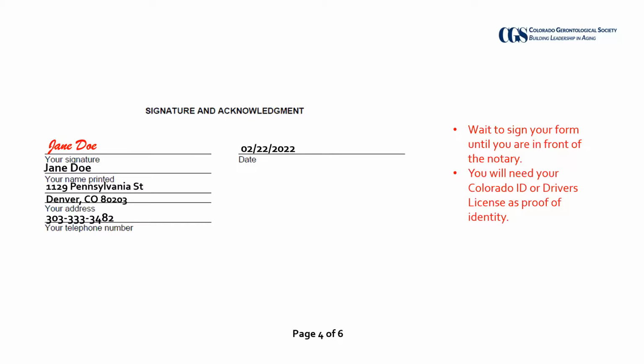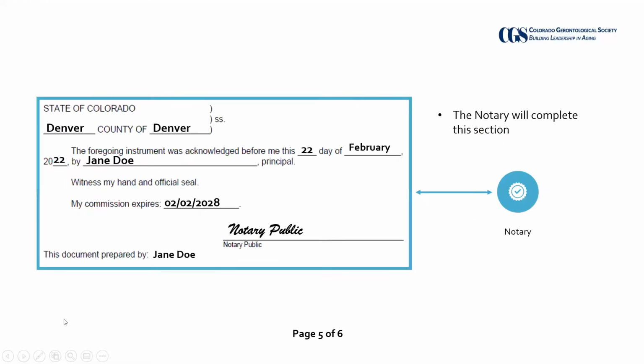You could also use a passport or any other approved proof of identity. So here, Jane Doe is going to sign in the first line. She's going to have to print her name on the second, enter her full address and phone number, and date it. Okay, but once again, this is in front of the notary.